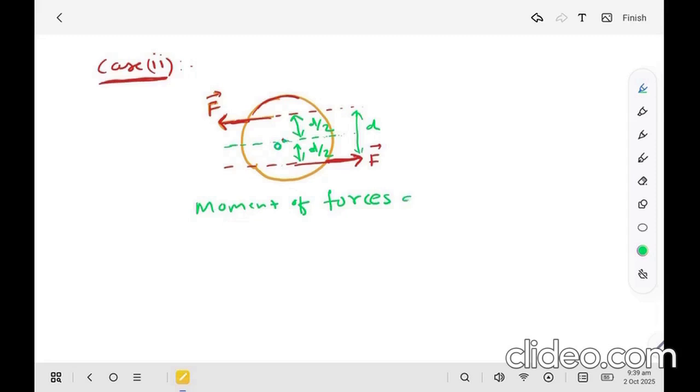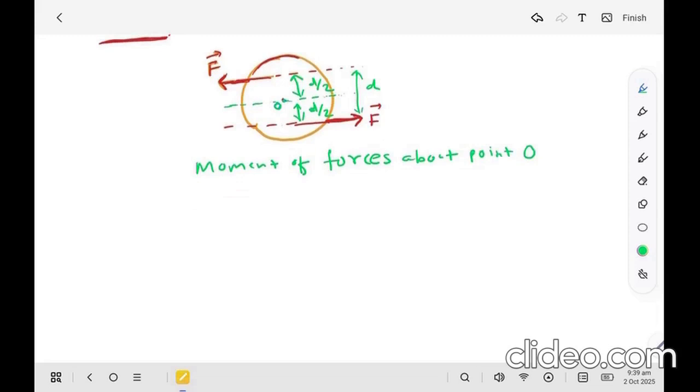So the moment of forces about point O: these are the two moments, and we can add the moments algebraically, like scalar quantities with sign convention. The moment of this force is F into d by 2, and the moment of the second force is also F into d by 2.